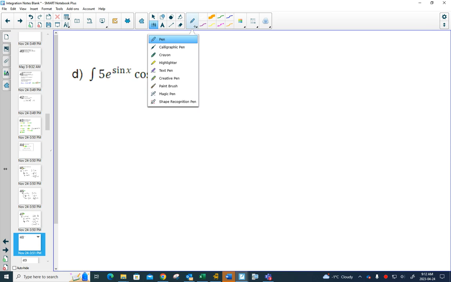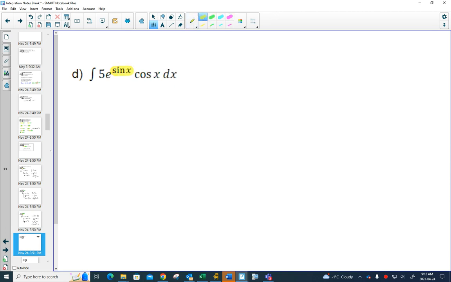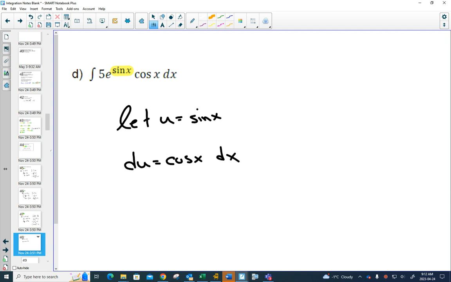So substitution would say, I notice that the sine x is inside of e to the x. That's what I'm going to let u be. The derivative of sine x is cos x. And that is nice because that shows up perfectly in this question.